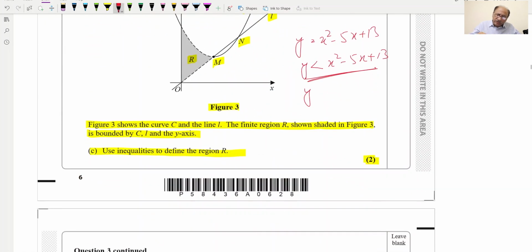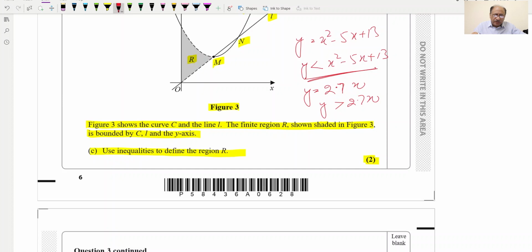This was the equation which we found. Now we require the area above the line, so we will say y is greater than 2x minus 7.